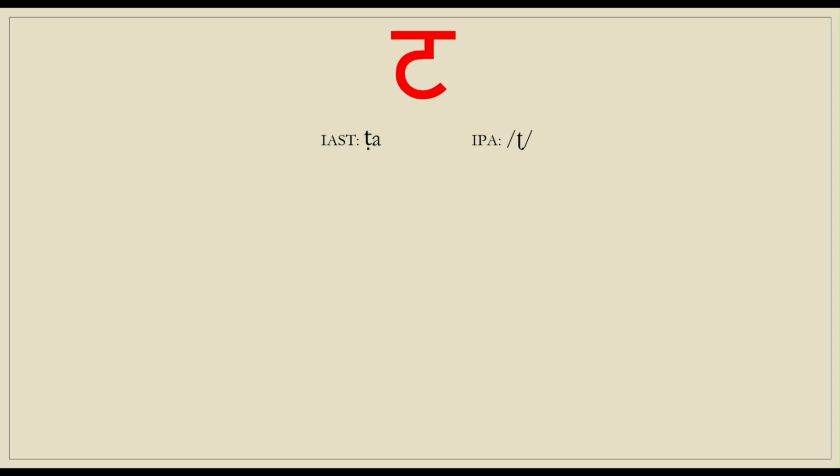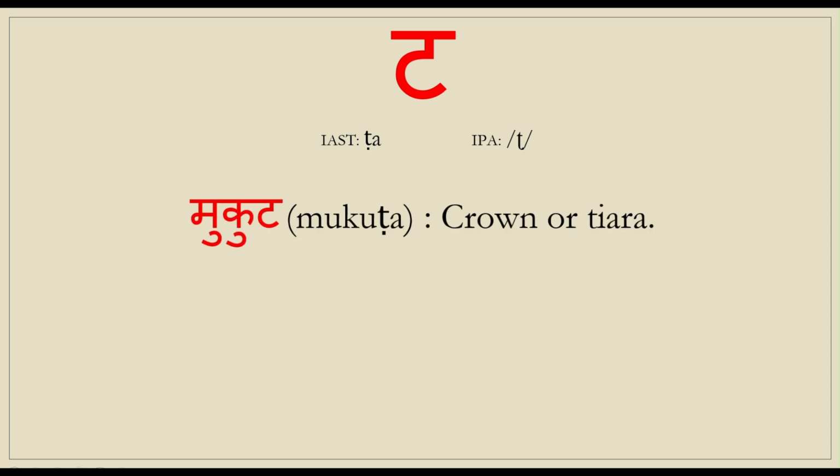So there's a difference. It is not like the t of today. If I were to pronounce the t of today as a retroflex t, it would sound like today. So there's a big difference. All right. The Sanskrit examples are like the word mukuta, which means a crown or a tiara.